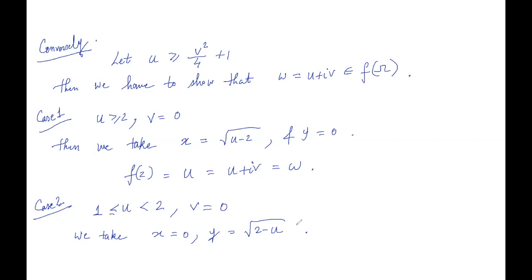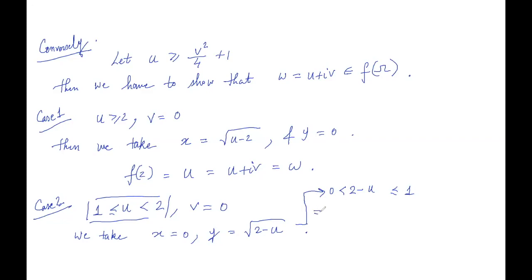Now if you notice, this 2 minus u is strictly greater than 0 and less than or equal to 1, because of the condition that we have taken in this case 2.